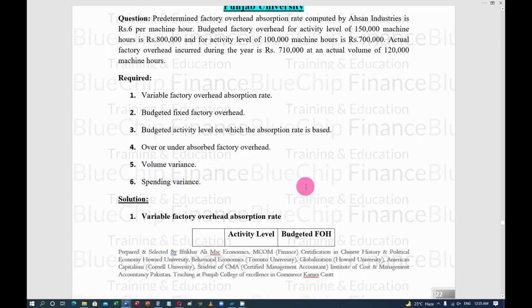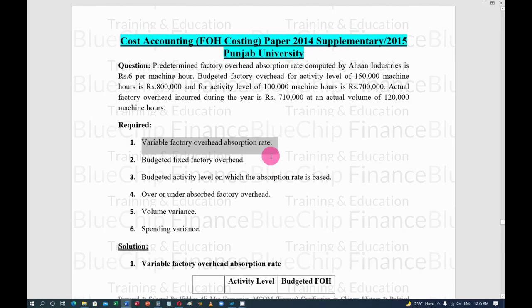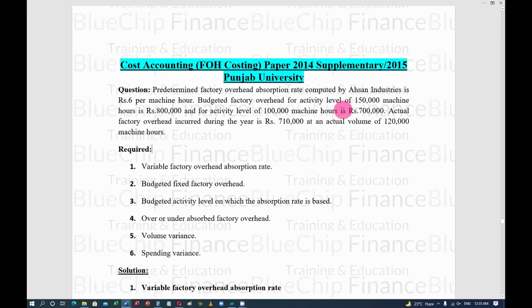So first of all, through the high-low method, we are going to calculate the variable factory overhead absorption rate. Highest activity level is 8 lakh for 150,000 machine hours, and lowest level is 7 lakh for 100,000 or 1 lakh machine hours.